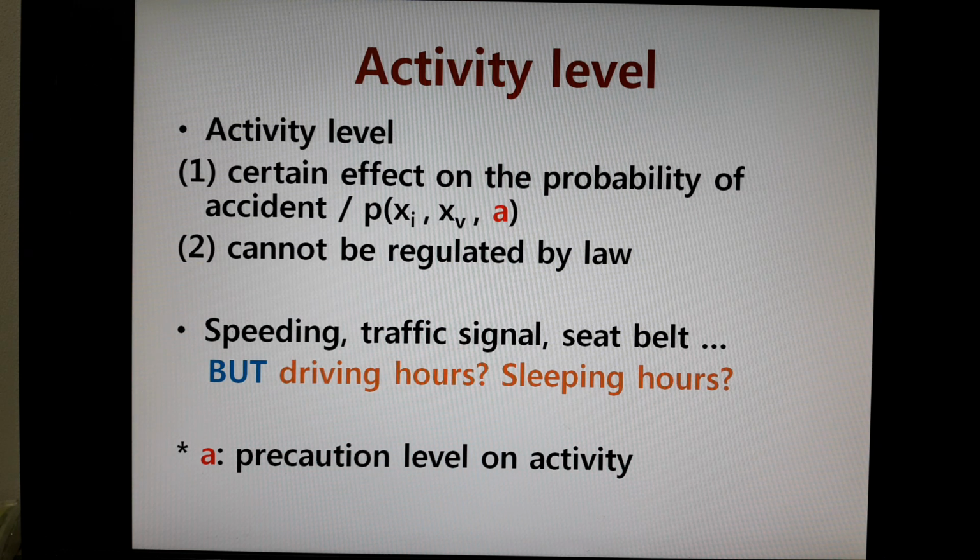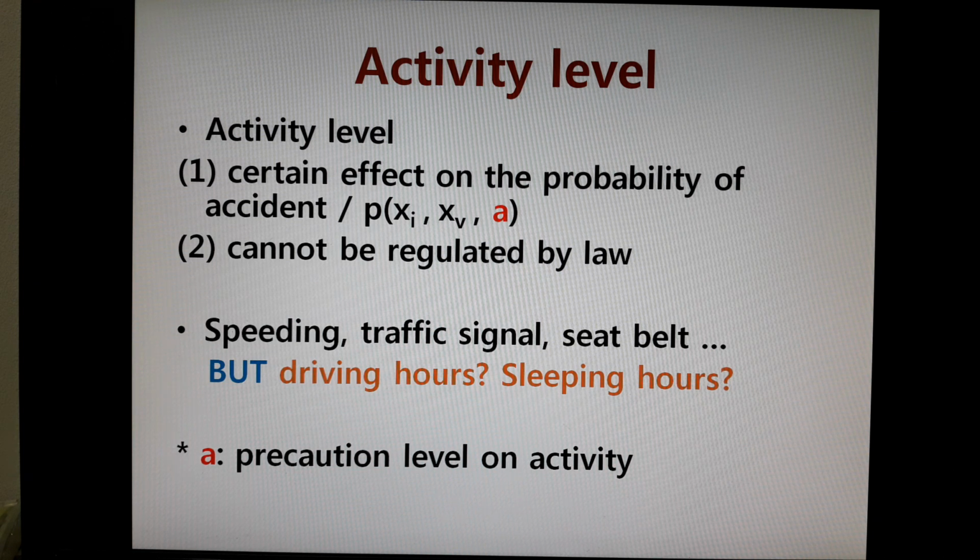Sleeping hours, come on, some people say, I have no problem. I sleep just 2 hours a day and I never doze off. That's enough for me. And how dare the government say that 2 hours is not enough? Not to mention 6 hours, that's not enough. You should sleep at least 7 hours a day in order to drive.